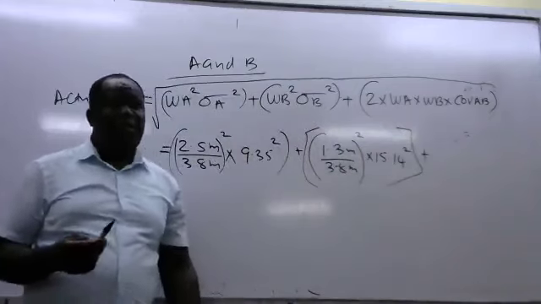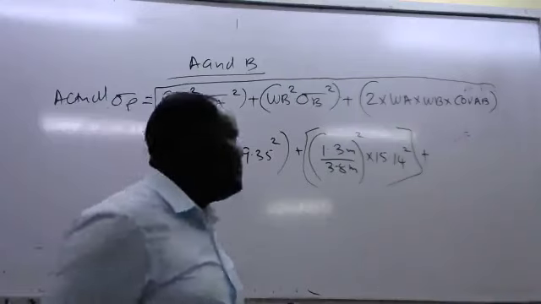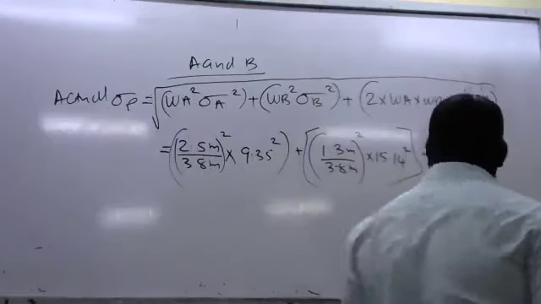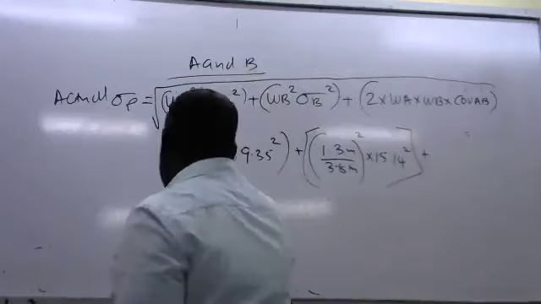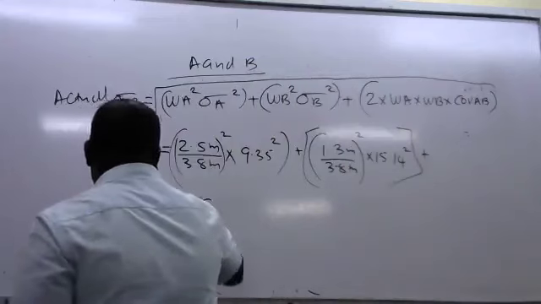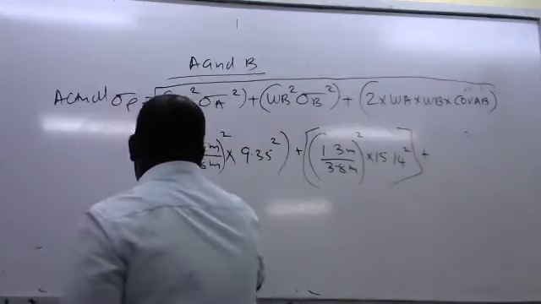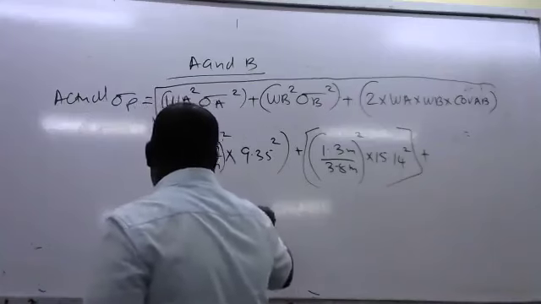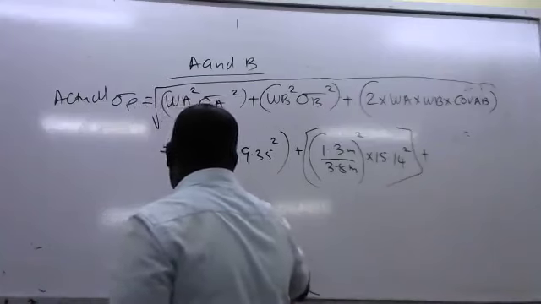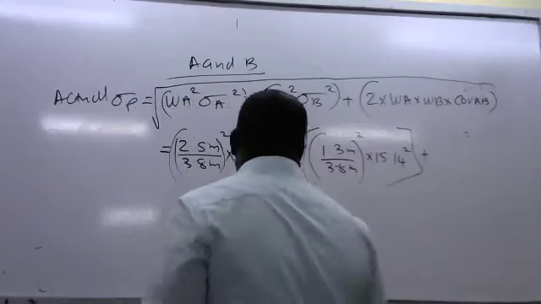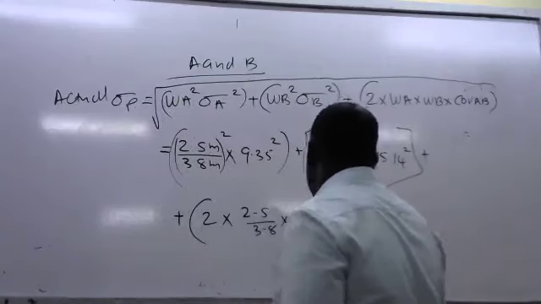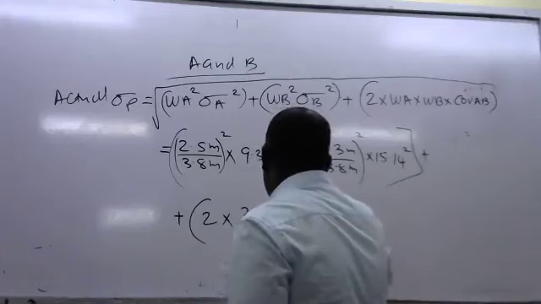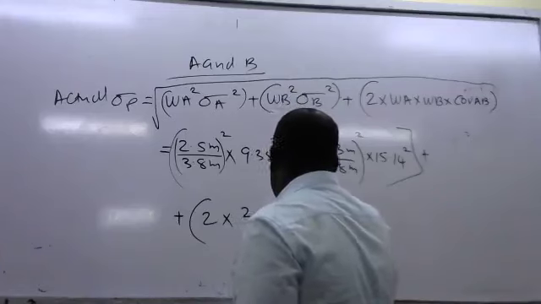Then also now add 2 multiplied by 2.5 divided by 3.8, also multiplied by 1.3 divided by 3.8.